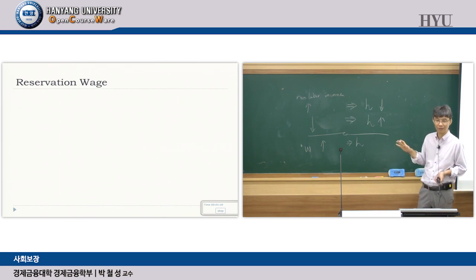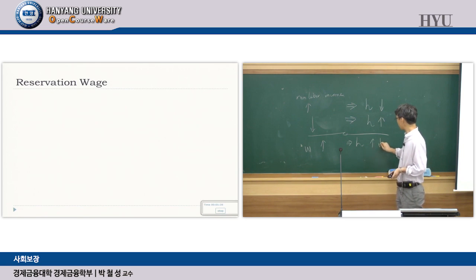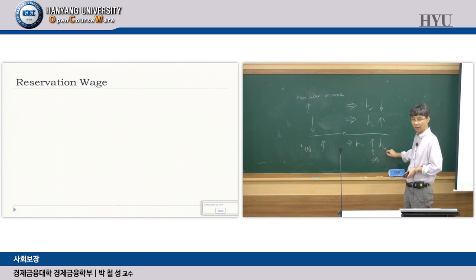Or uncertain, which is right? Uncertain, right? So it may go up, go down. Going up part, what effect? Substitution effect. Okay? Then going down part, what effect? Income effect.